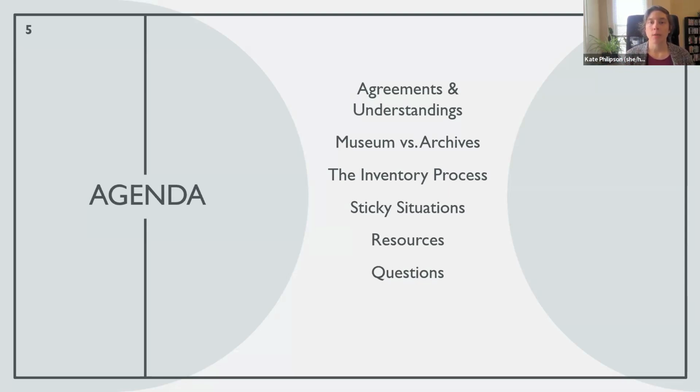We'll dive into the whys and hows of conducting the inventory itself, and then consider a handful of situations you might encounter while inventorying that feel challenging or weird or don't fit in easily with the rest of the process. I'll reference resources throughout, we'll take a look at those, and then make sure there's plenty of time for questions.